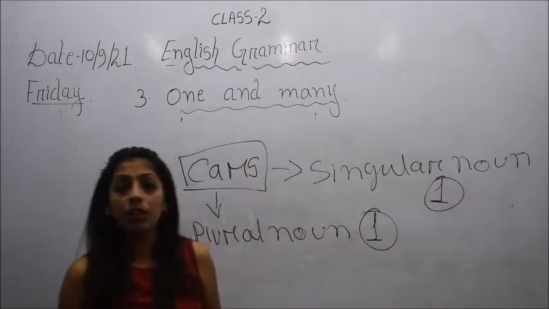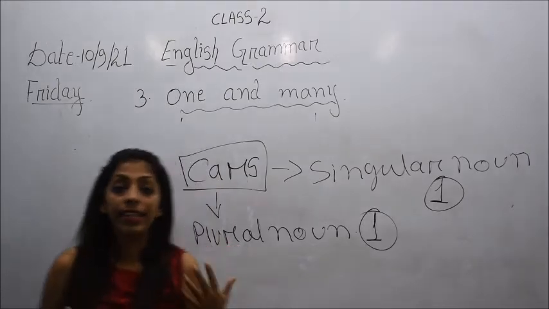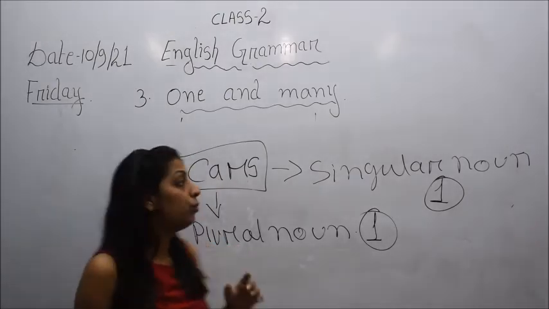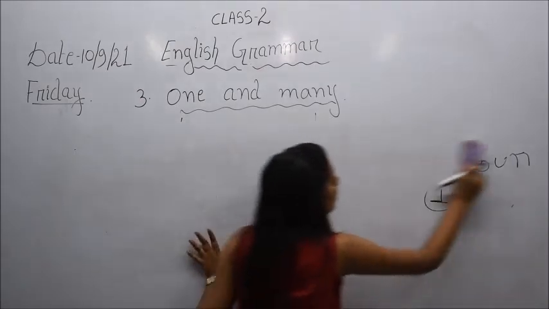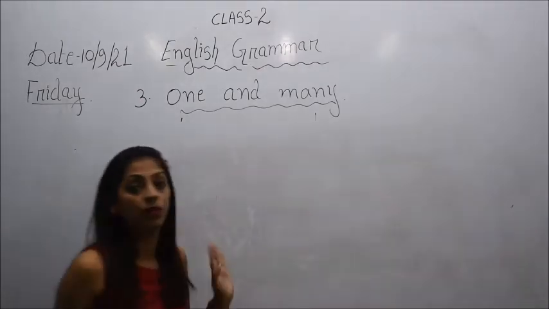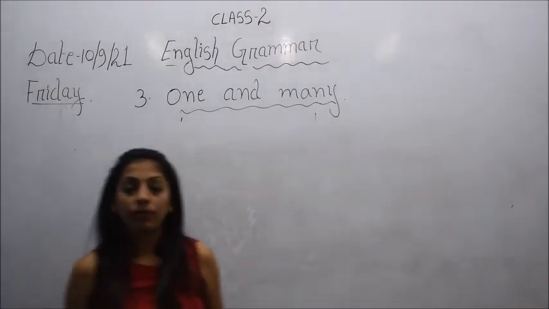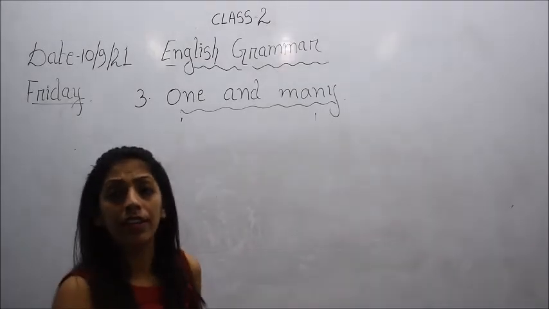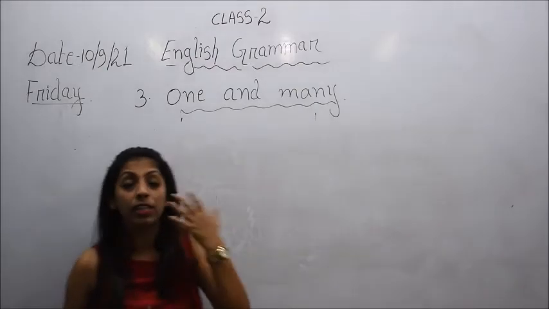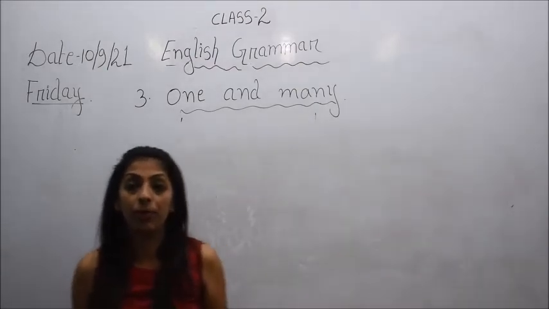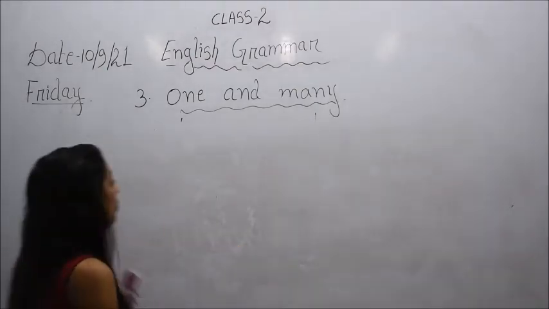Now children, there are several rules for how to convert a singular noun into a plural noun. There are certain examples given in your book, but I will explain everything and then you will look into the book.